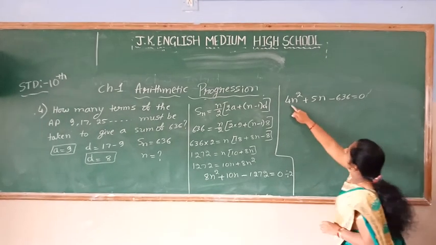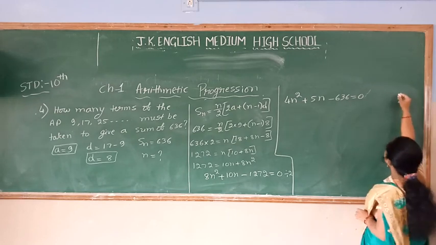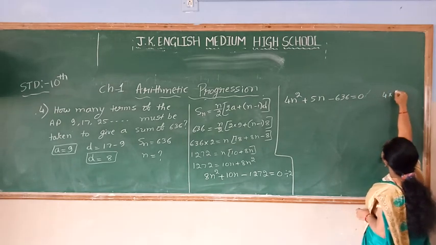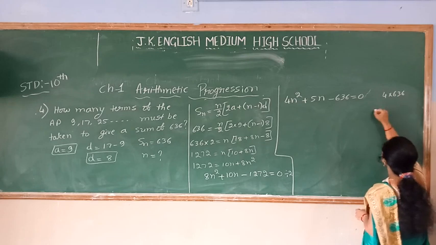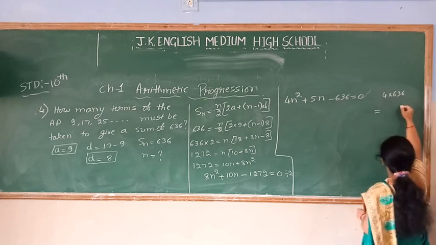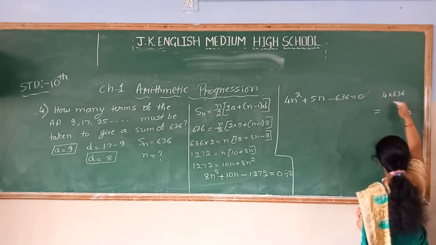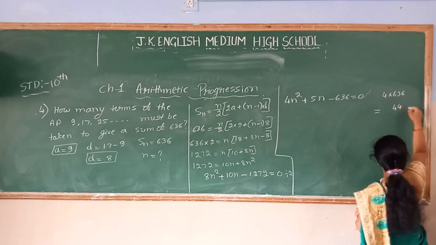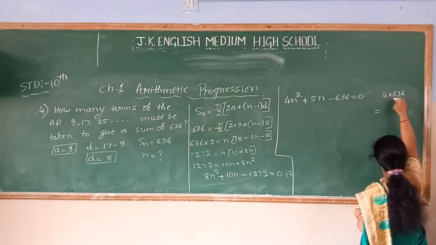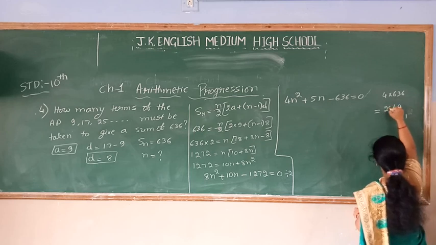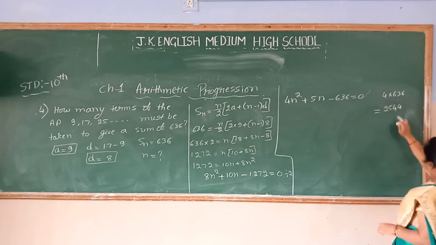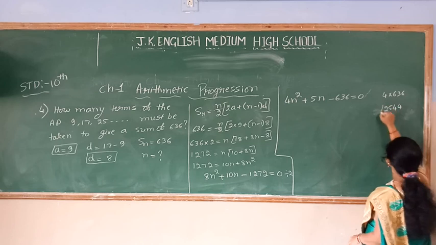See now, the first term and the last term you can multiply. 4 into 636, you do it. Then how much are you going to get? 4 6s are 24, 2 remains. 4 3s are 12 plus 2 is 14. 1 remains. 4 6s are 24 plus 1 is 25. Then you have to take the LCM for this number now.